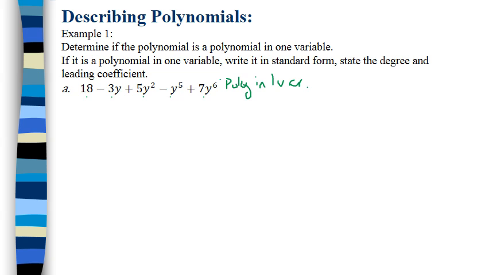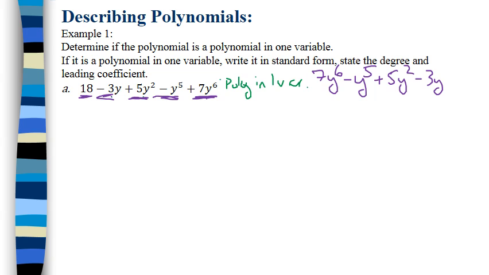And to write it in standard form, we need it in descending order. So I look and I notice that my largest exponent is to the 6th. So I'm going to write that first. So this is 7y to the 6th. And the next one, after 6, would be 5. So that's negative y to the 5th. The next one down, 4, 3, here is y squared. So plus 5y squared minus 3y.